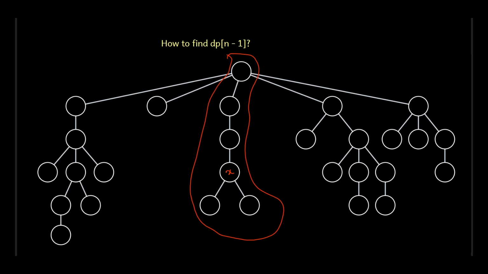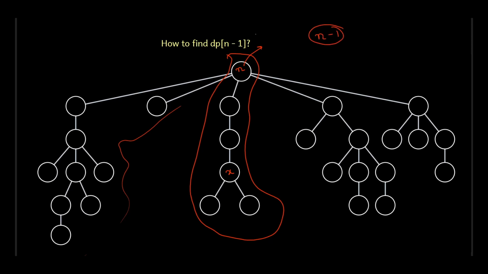Now think about it, like, sure, this is node n, but then if you ignore n, does any node have the power to delete all the other nodes? Like, so many nodes, which node has so much power? If you think about it, there is only one node that can have so much power, which is n minus 1.